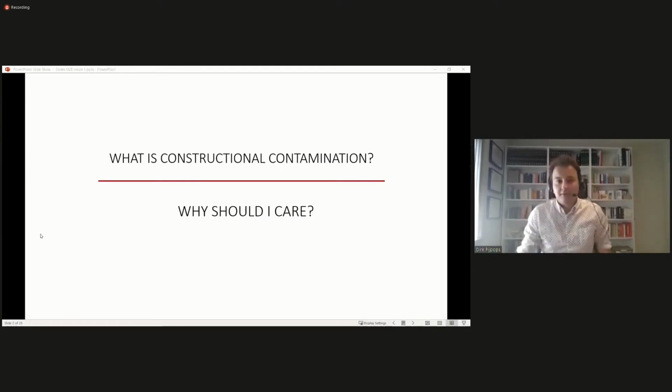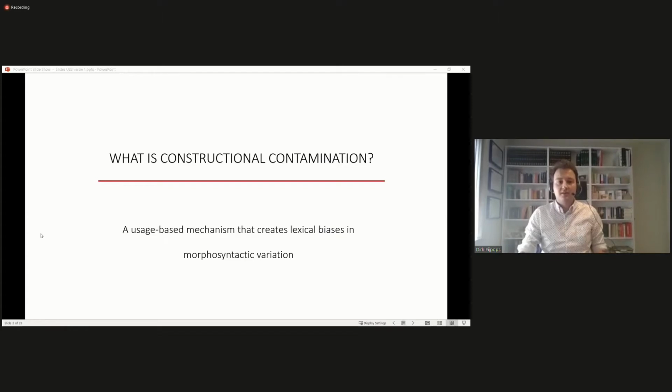Well, to answer the first question, constructional contamination is a usage-based mechanism that creates lexical biases in morphosyntactic variation. So if you have a piece of morphosyntactic variation, you have several morphosyntactic variants, you often find that particular words appear much more often with a particular variant and much less often with the other variant.